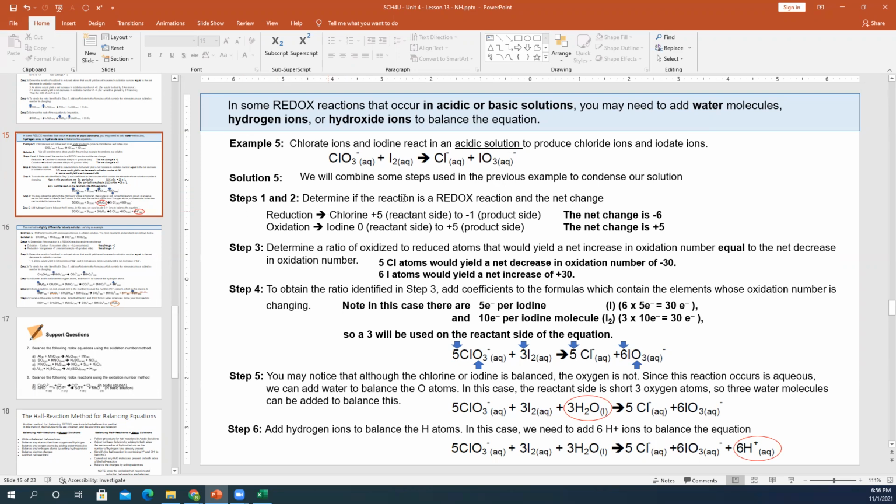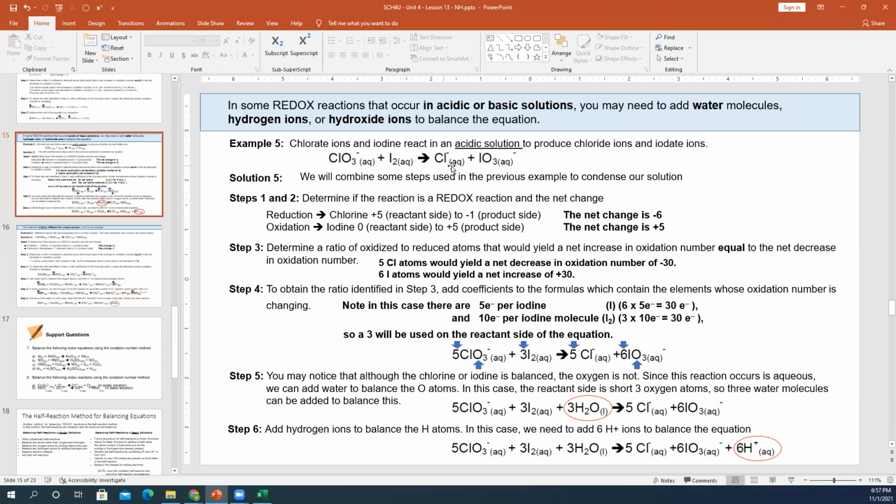So in steps 1 and 2, you determine if the reaction is a redox reaction and what the net change in your oxidation numbers is. By doing just the kind of steps we did in our previous example, we'll see that there is a reduction of the chlorine. Once we figure out all the oxidation numbers and apply them, we'll see that this chlorine on the reactant side has an oxidation number of +5, but on the product side, it has an oxidation number of -1.